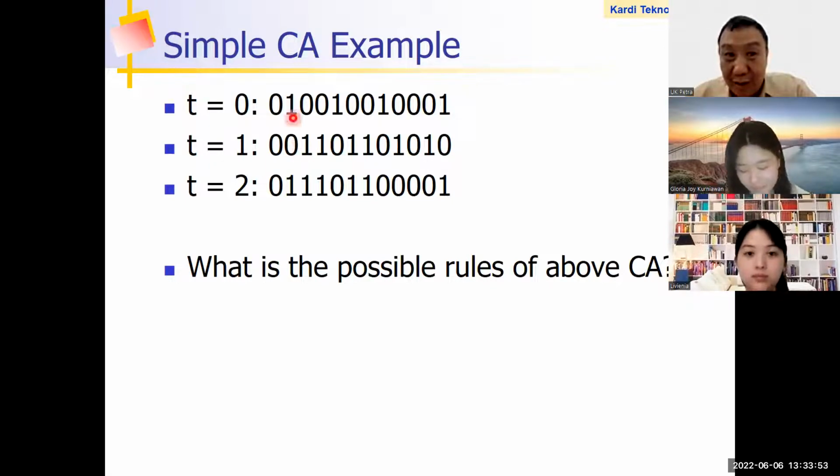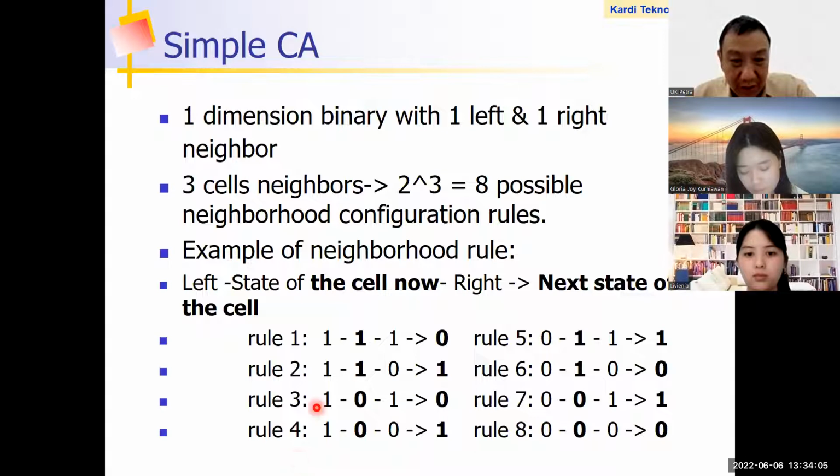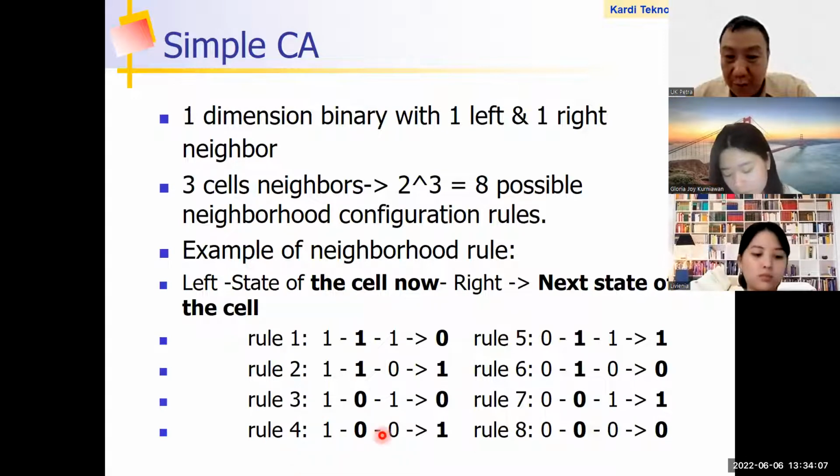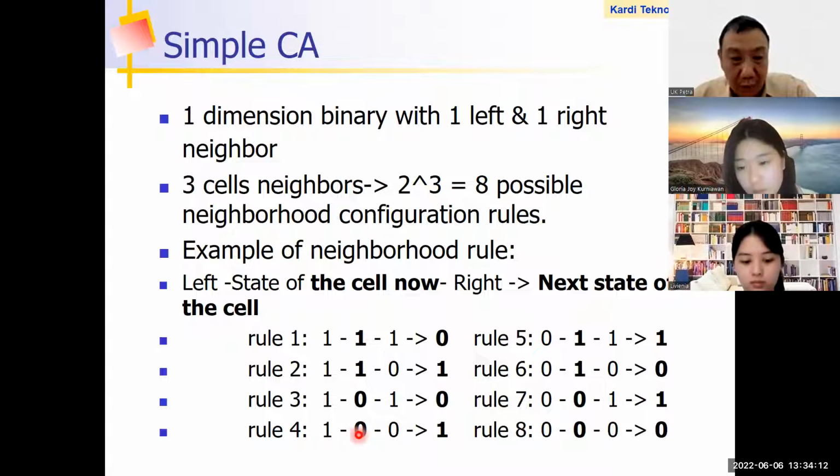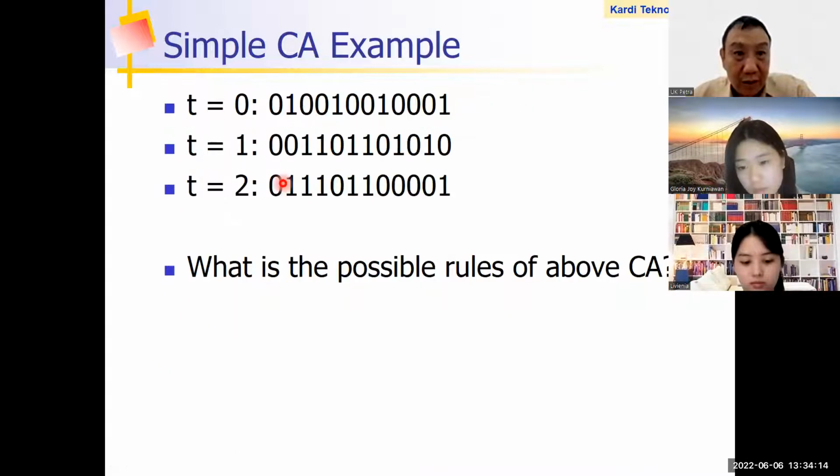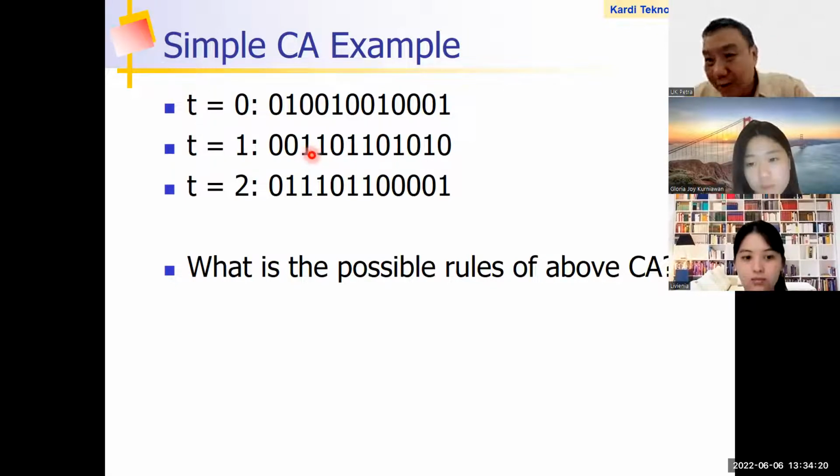Then you go to the next one, 1, 0, 0. Looking at the rule, 1, 0, 0 becomes 1, so you replace this 0 with 1, and so on.